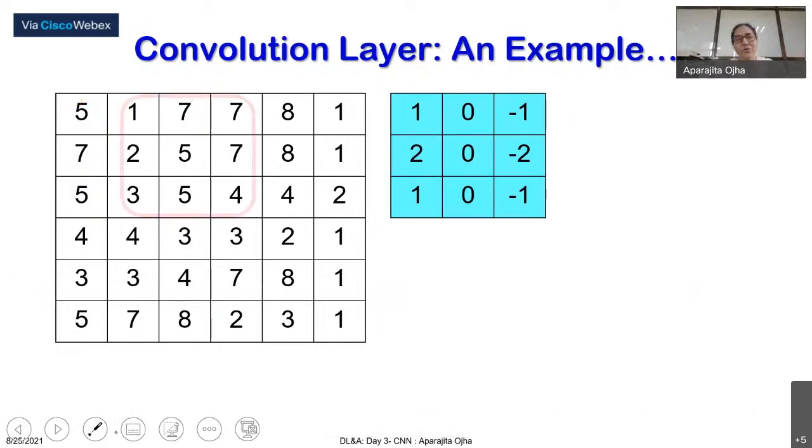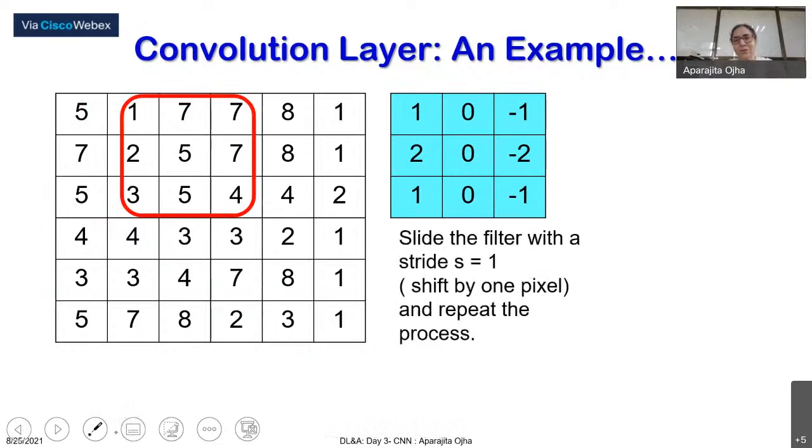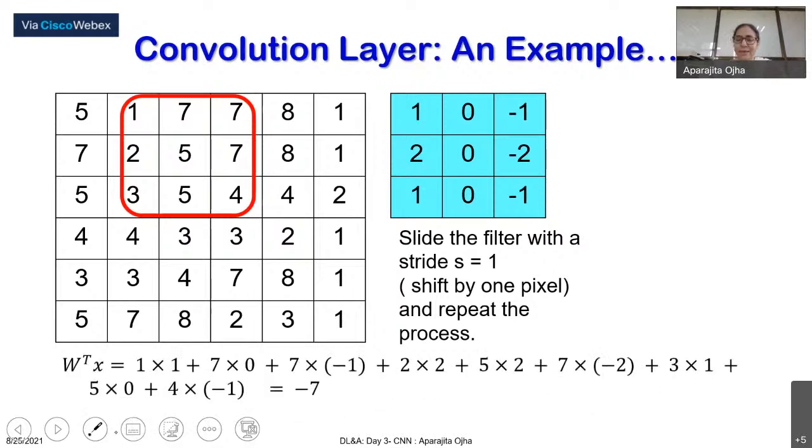Now, I slide the filter with a stride S equal to 1. By stride, I mean I'm shifting by 1 pixel at a time, right? So I'm shifting this filter on the image by 1 pixel, and then I do the same process.